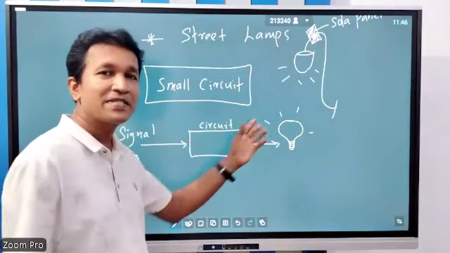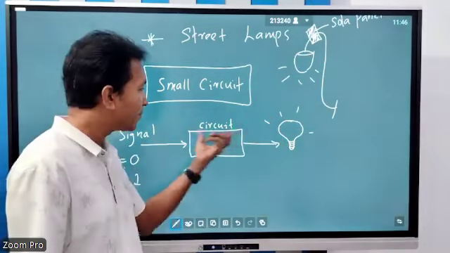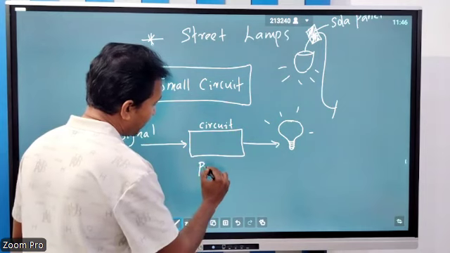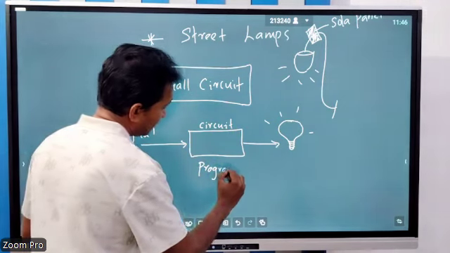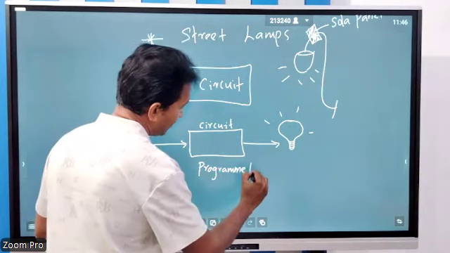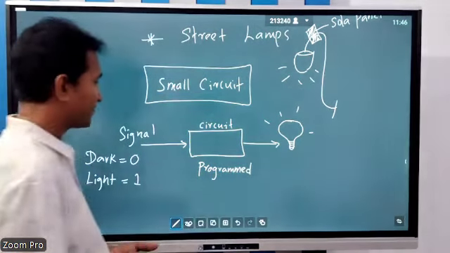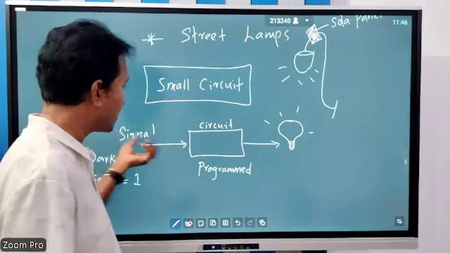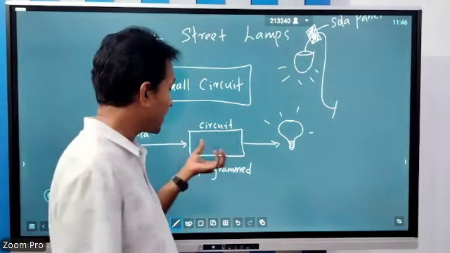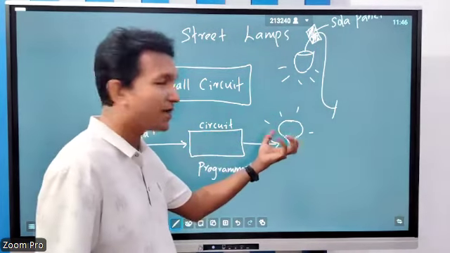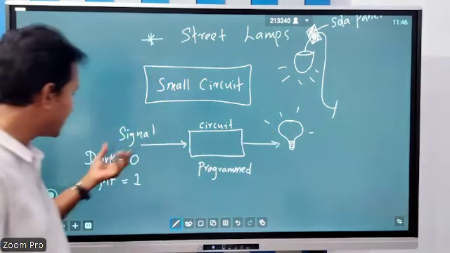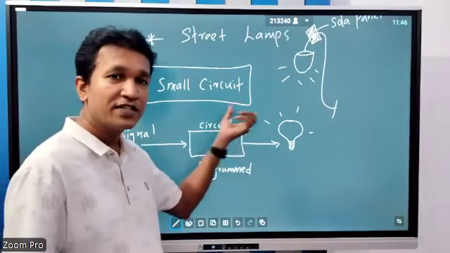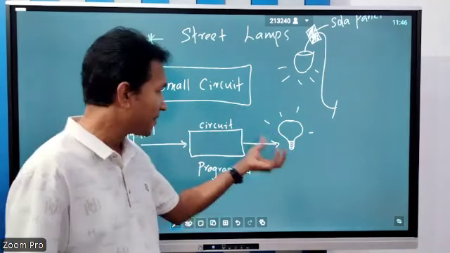This is a programmed circuit, right? When dark comes, it knows that the signal 0 has come, and then it will light the bulb. When the signal is 1, it knows that it should switch off the bulb, right?